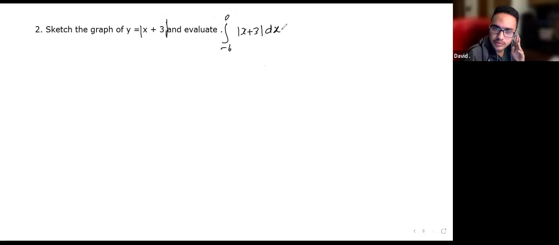So first of all, we shall draw the graph of this modulus function or absolute value function. Yes, sir. The function y equals mod x plus 3 is defined like this. It is negative x plus 3 if x is less than -3.